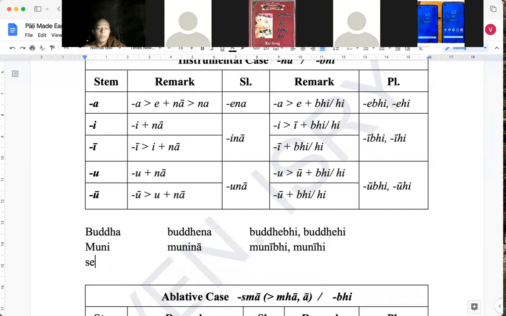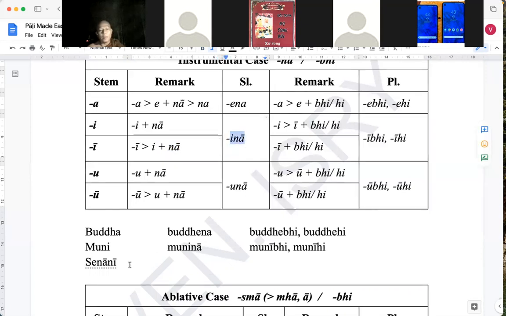And then another stem is ending in the long E, Senani. So for that Senani, to the E ending, Na is added. Before the Na, the long vowel becomes short. Let's see, long vowel becomes short, E to E. That is why finally we have the E Na.